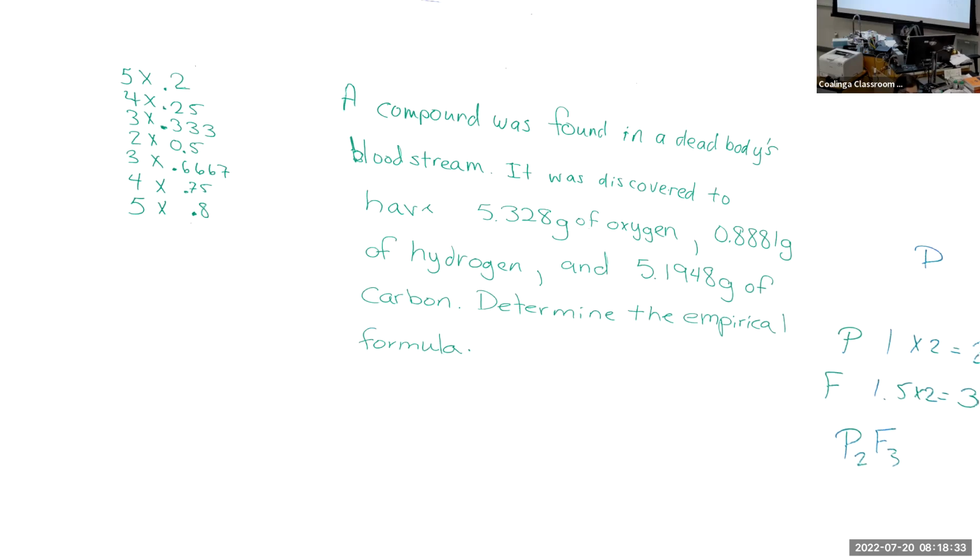Okay, so I'm going to ask you guys here. What is the first thing that I want to do? Givens. Okay, so what are my givens? 5.328 grams of oxygen.